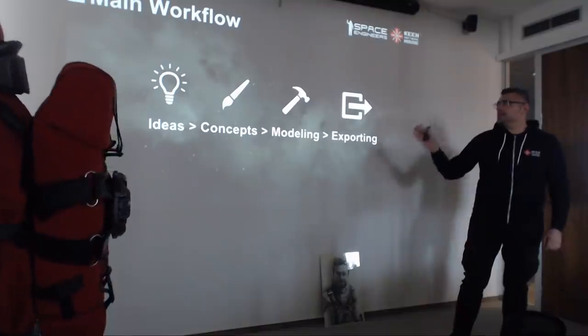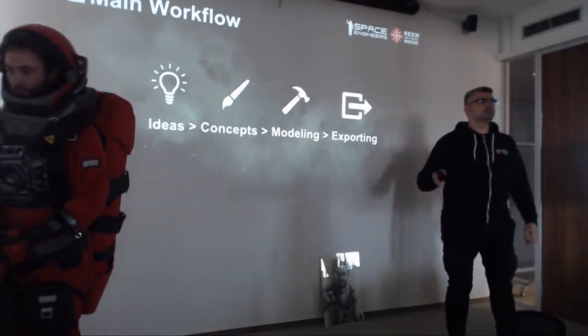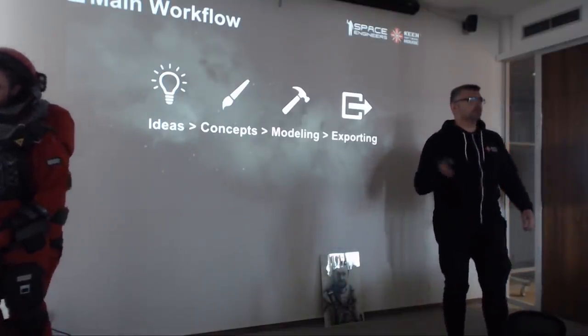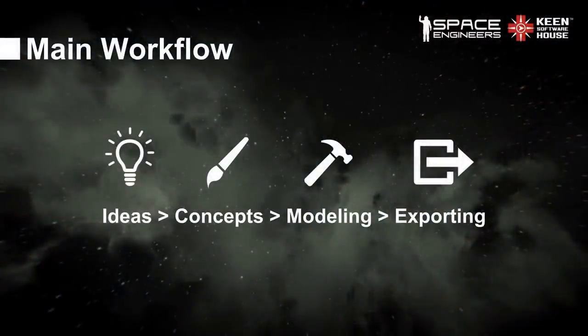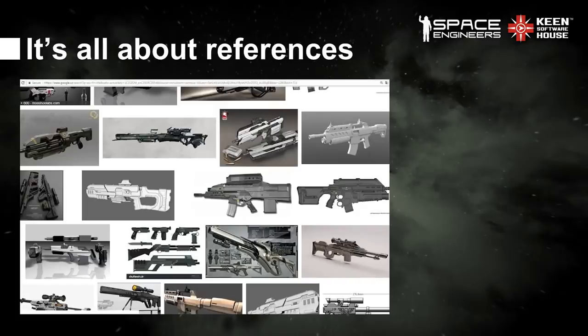Then we proceed to the concepting stage, which is usually on paper or just on our tablets. And then we go to modeling. Modeling includes texturing, rigging if it's for animation, anything that makes the model complete and visually good. And then we export it to our engine.